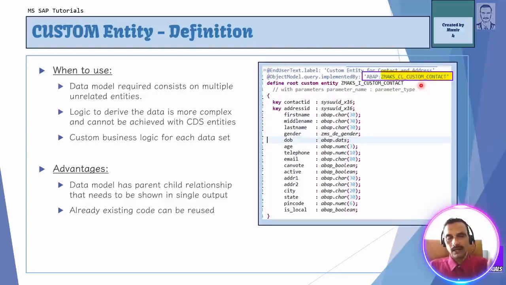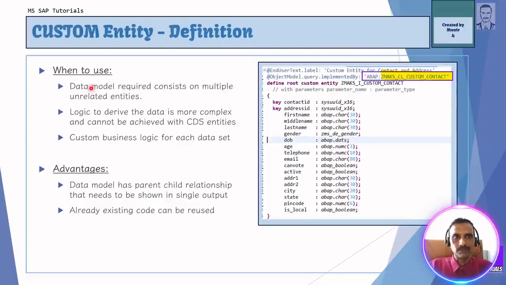You can combine the logic of RAP along with your ABAP, and you can achieve all the more complex logic that we have been doing for the normal ALV reports. We can utilize the custom entity where we have to use it.